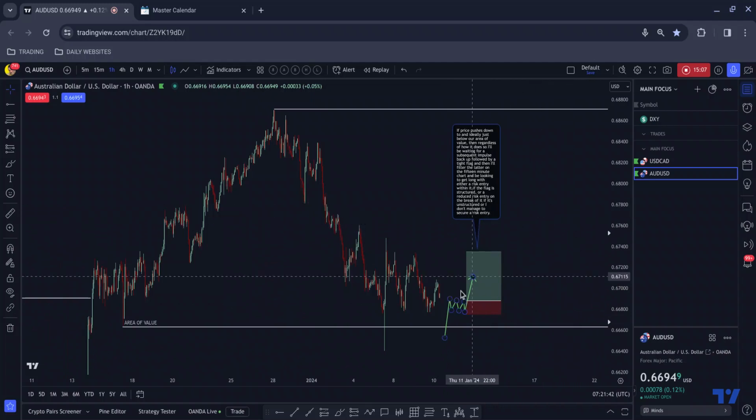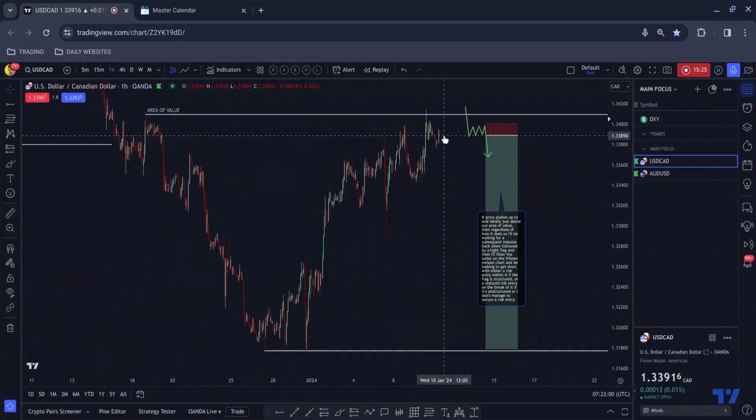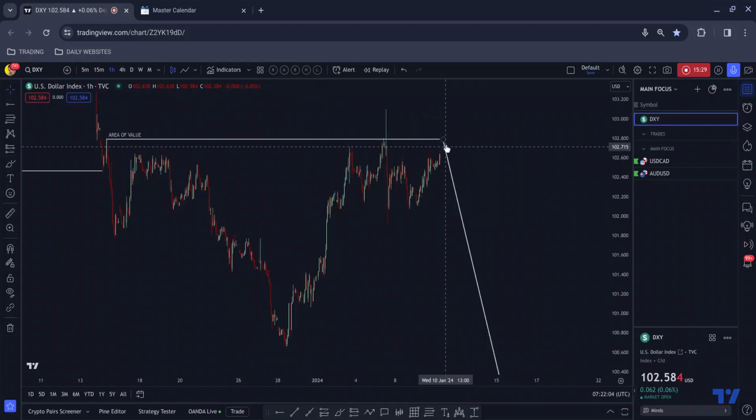That would make sense, because that would be Australian dollar strength against US dollar weakness. So if we've got US dollar weakness, then it's likely the DXY would sell off, because it ties in. If you look at the distance from here to here, it's the same as the distance from here to here, more or less, and the same as the distance from here to here.